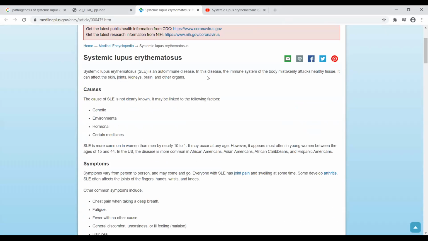But here, when this kind of problem arises, it is not confined to one particular organ. Previously, in local autoimmune diseases, just one target organ was affected. Like if the immune system builds up autoantibodies against the thyroid hormones, then it is only the thyroid area which is affected, not the entire body.